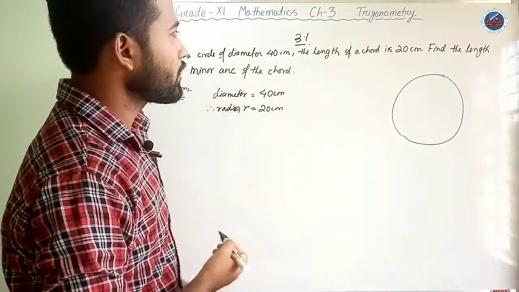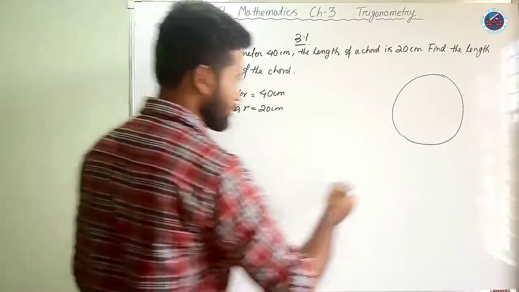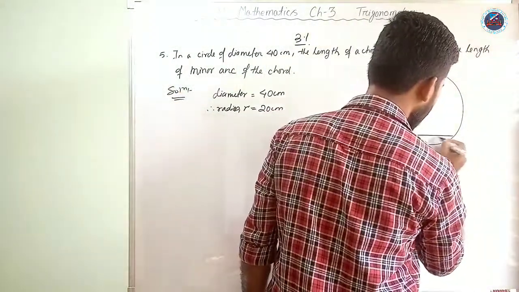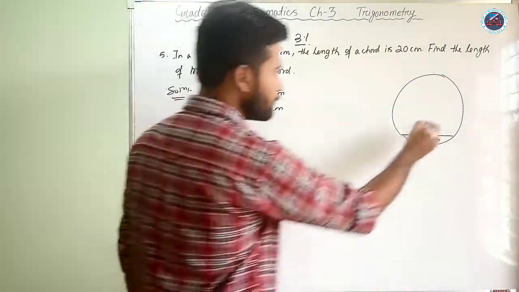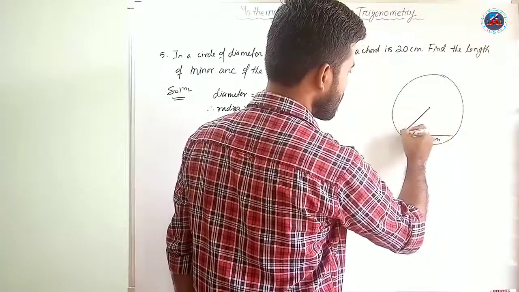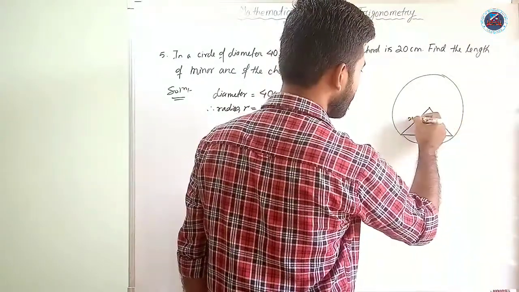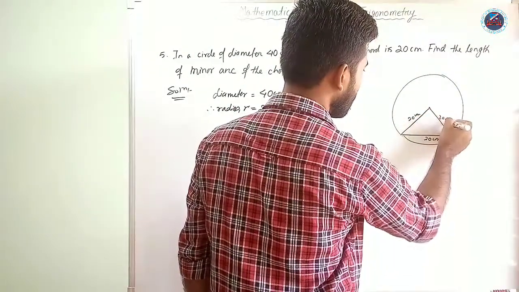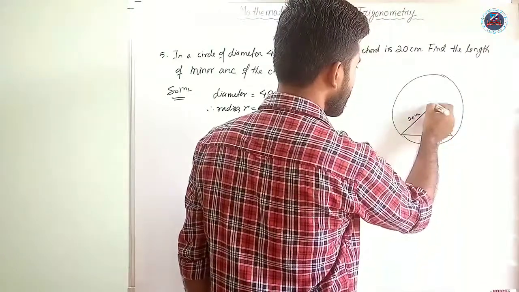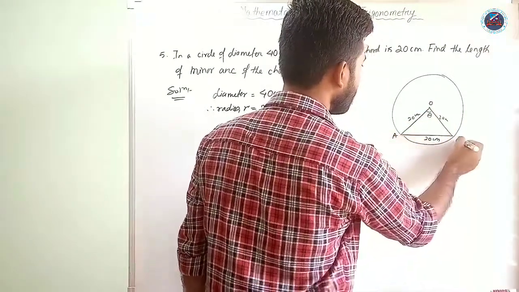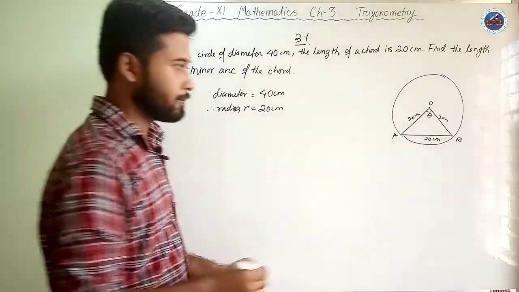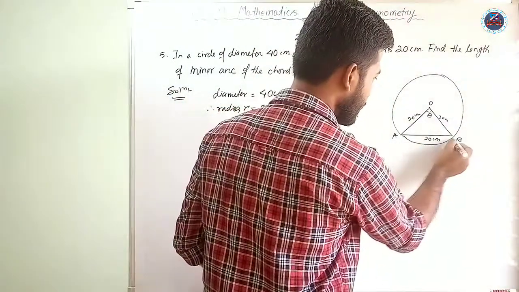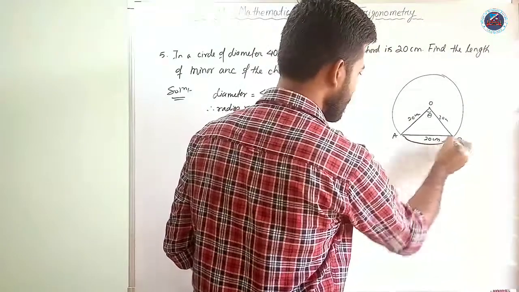The length of the chord is 20 centimeters. So here a chord is drawn whose length is 20 centimeter. Now if this is the center, so as our radius was 20 centimeter, and consider this as theta, write it OAB. Now what we need to find is the minor arc of the chord, that means this part. So how shall we find this arc?